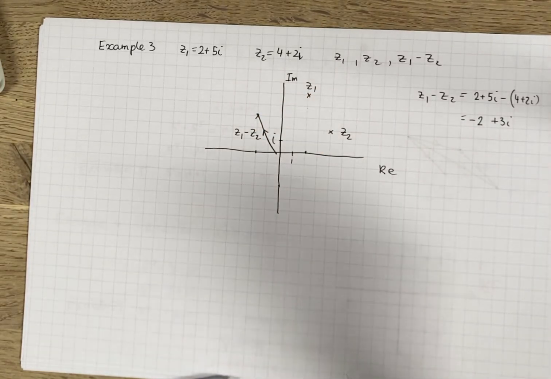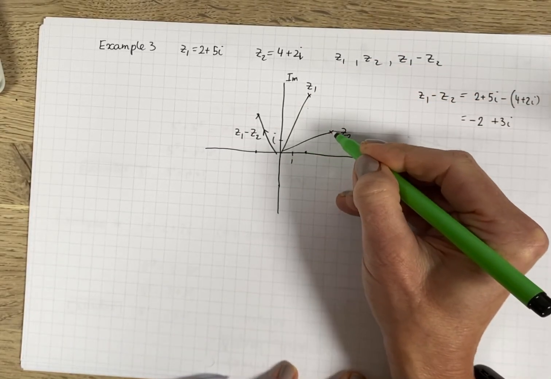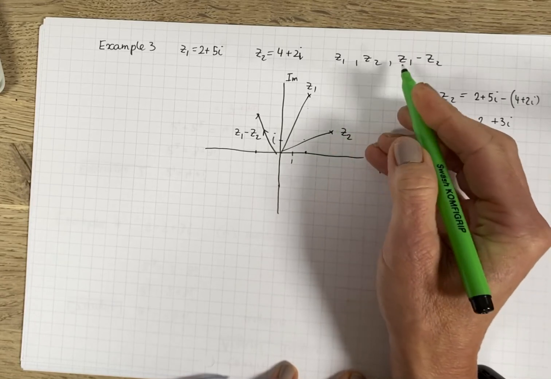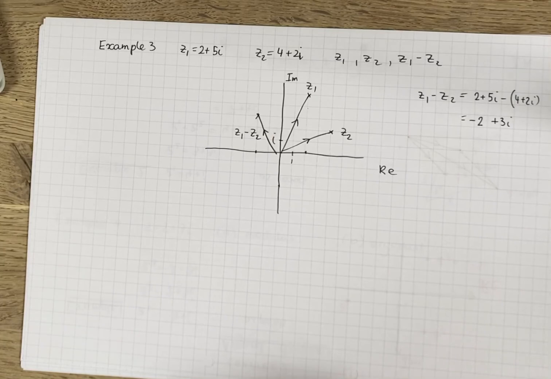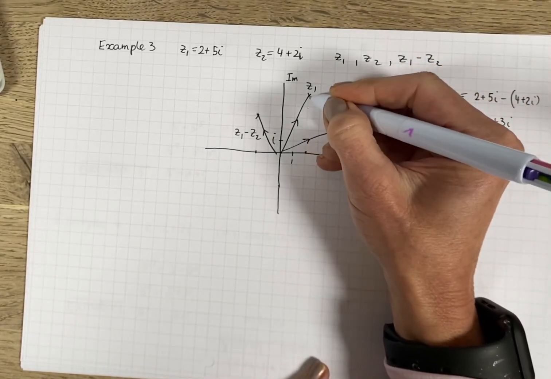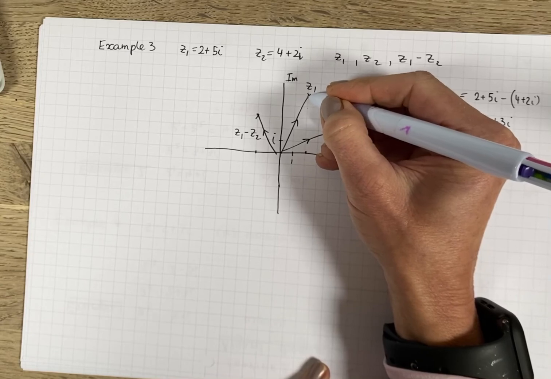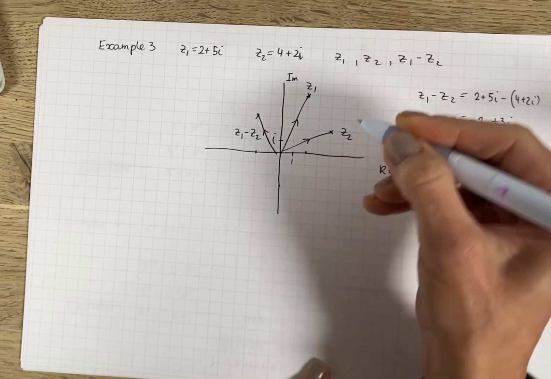Let's just draw the vectors Z1 and Z2 completely. So this is my Z1 and Z2. Now, if I wanted to do Z1 minus Z2, I need to attach to Z1, following Z1, minus Z2.